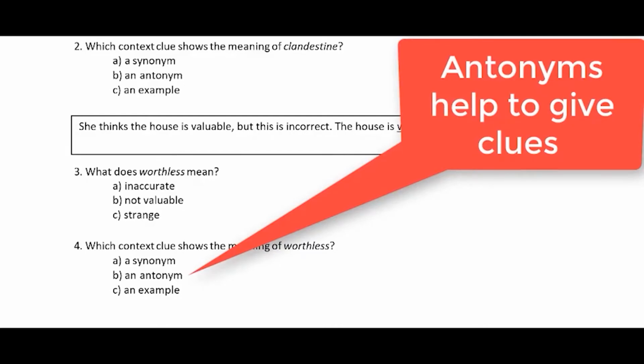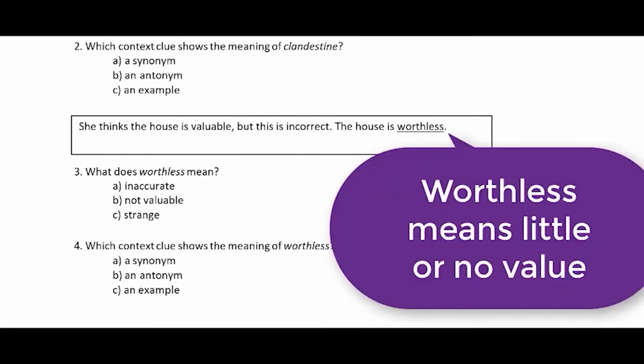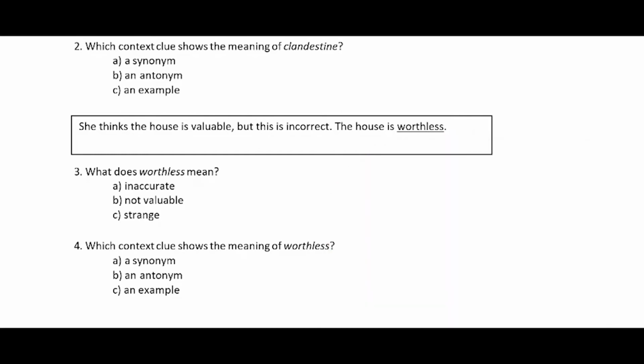Okay, so actually, worthless means doesn't have much value. It's not really worth much money, right? So the opposite of that is valuable. So she thinks the house is valuable, but this is incorrect. The house is worthless. So worthless and valuable, they're opposite of each other.